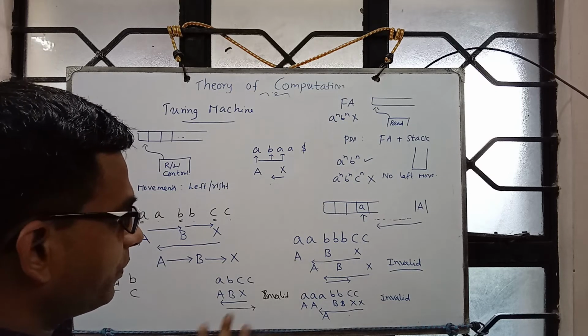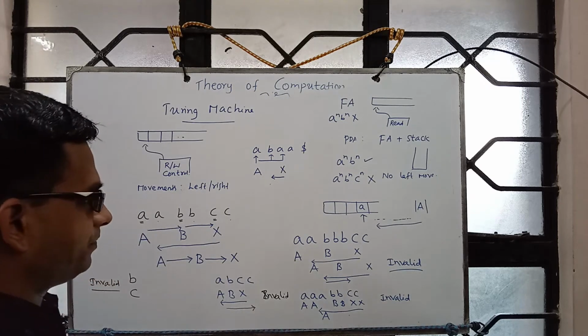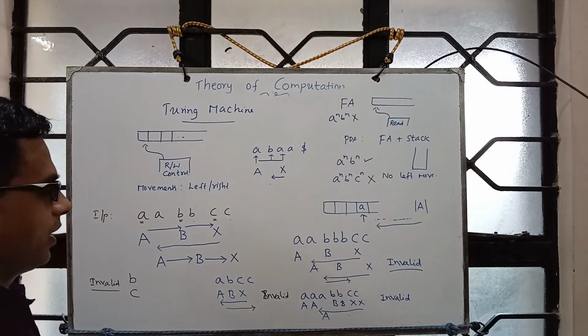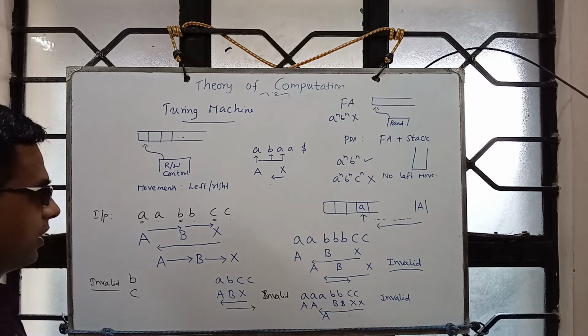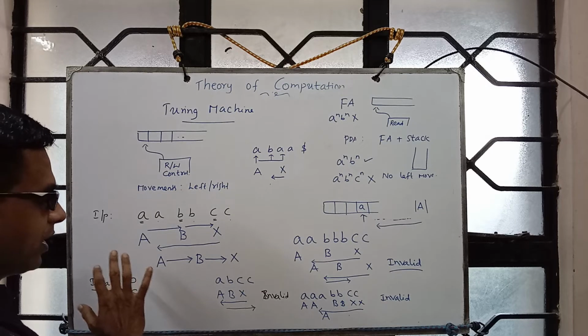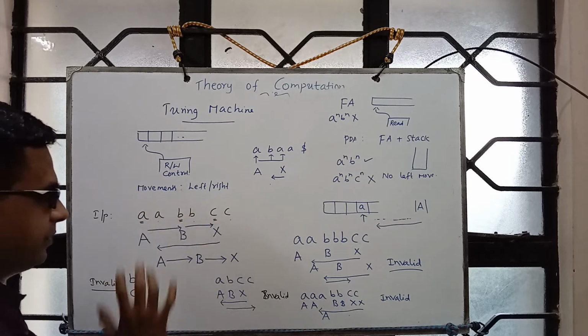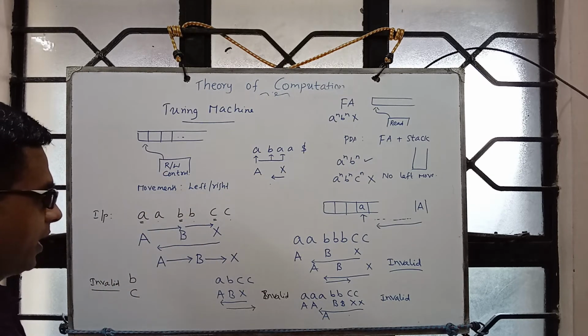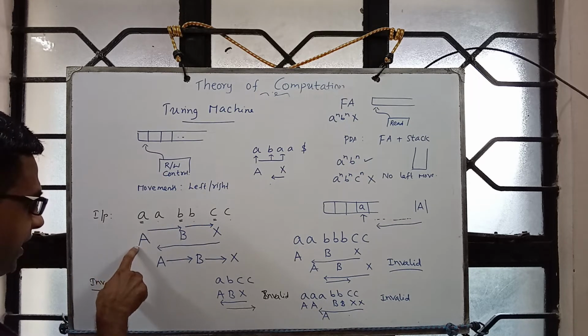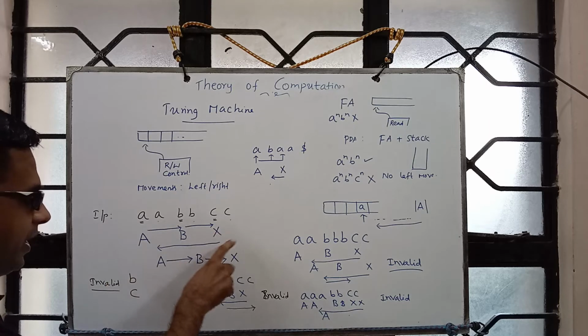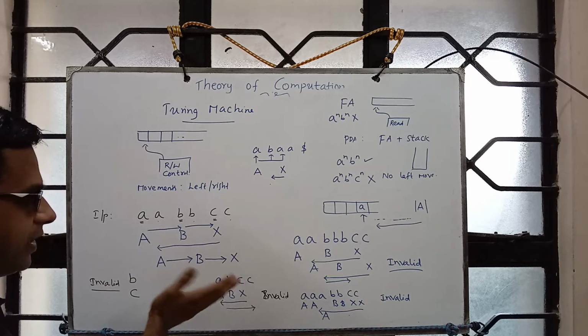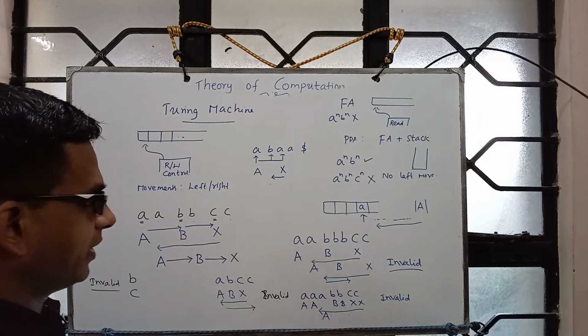Now, how are we going to describe this machine? Okay, and this machine has input symbols, and in addition to that, because we replace this by some other symbol like A, B, X, and so on, we need an additional alphabet.